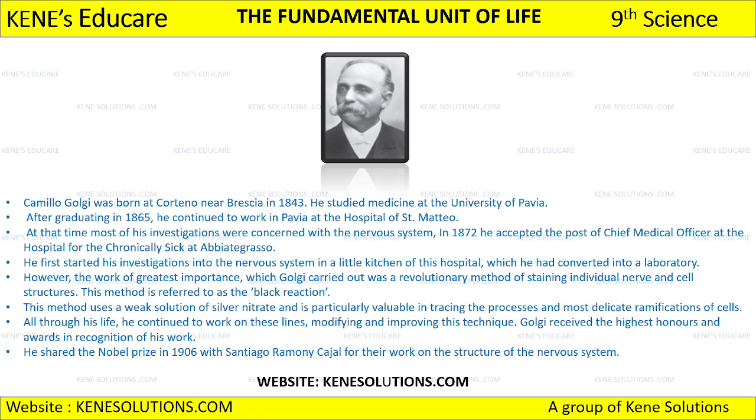Just look at the hard work that he had done, and the journey he started with. While he was doing his investigations on the nervous system in the kitchen of the hospital, the work of greatest importance which Golgi carried out was a revolutionary method of staining individual nerve and cell structures.